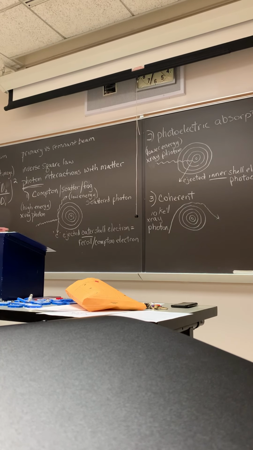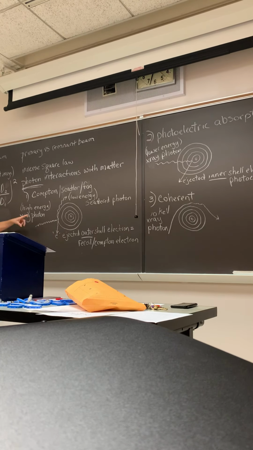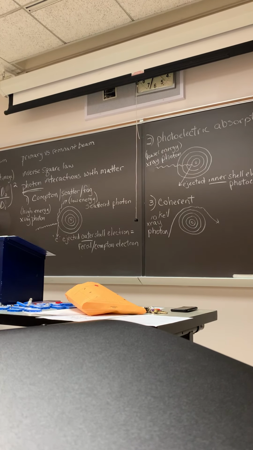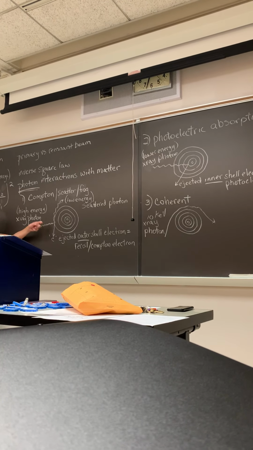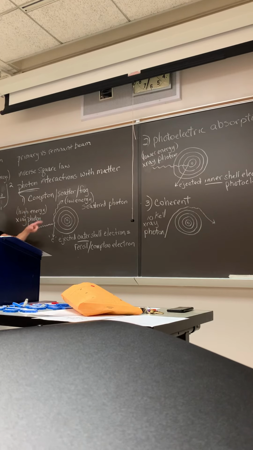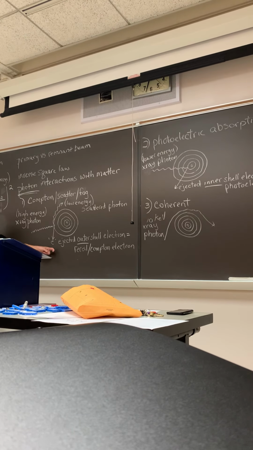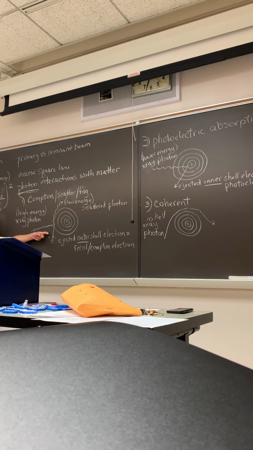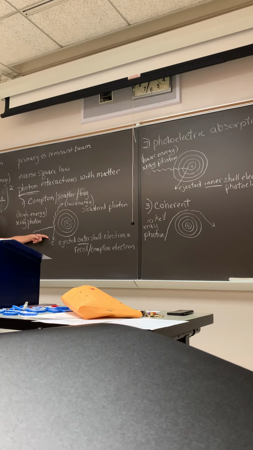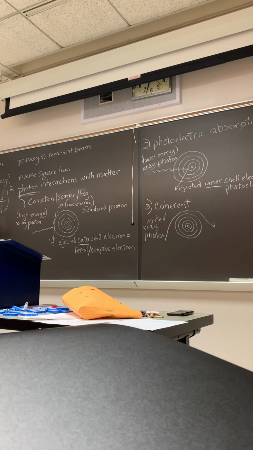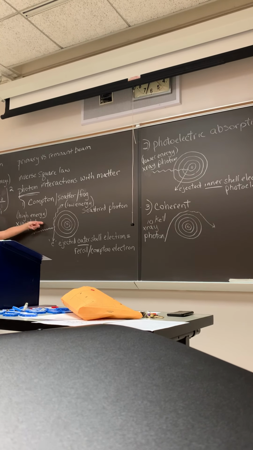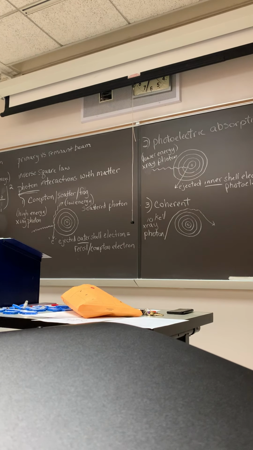Okay, so if you see a picture on your registry, usually you'll see three things happening with Compton. Original X-ray photon, scattered photon, recoil, or Compton electron. That doesn't have enough energy to do anything, okay? The scattered photon, that does a lot of damage.